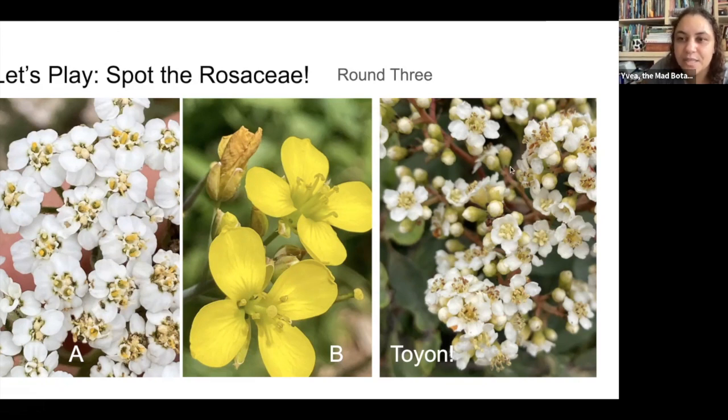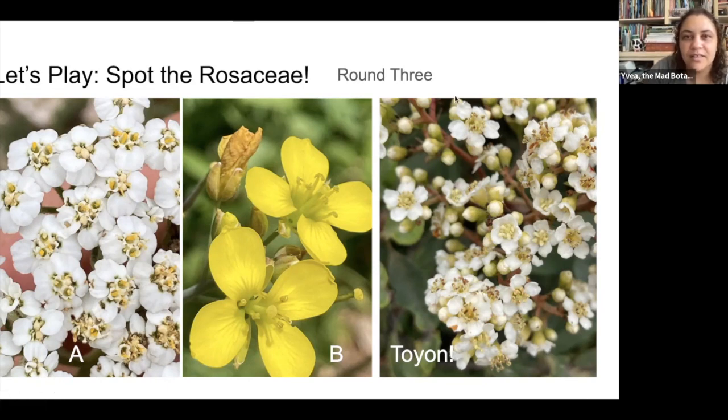It's a little bit hard to see, but does anybody see that there's sort of a little cup in some of our flowers? We have a slight little hypanthium, like our roses do. So this is another one. Last year I had a picture of a toyon, but the picture wasn't that great, so I tried to have a better one this time. So hopefully that is easier to see from last year.